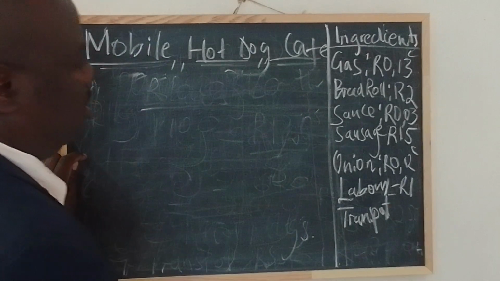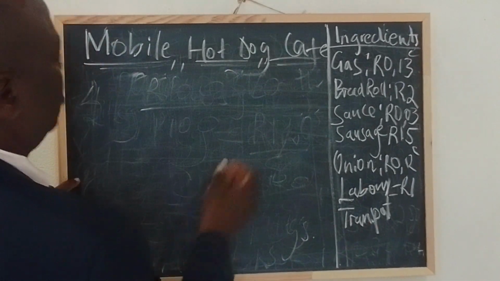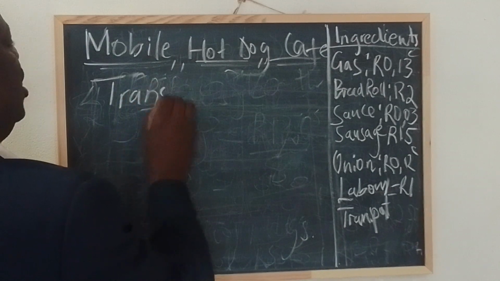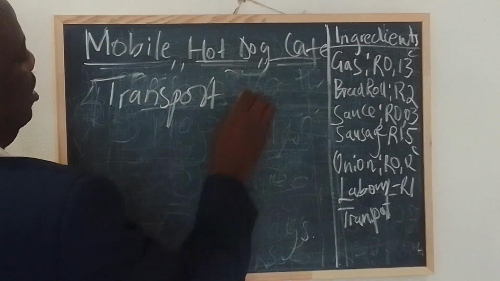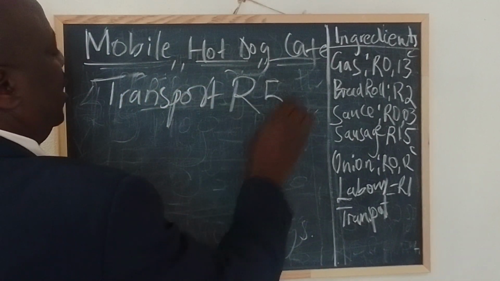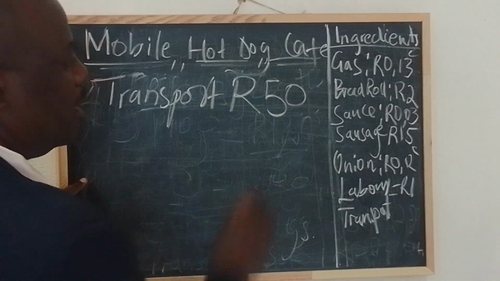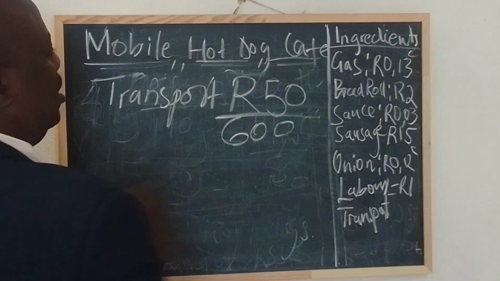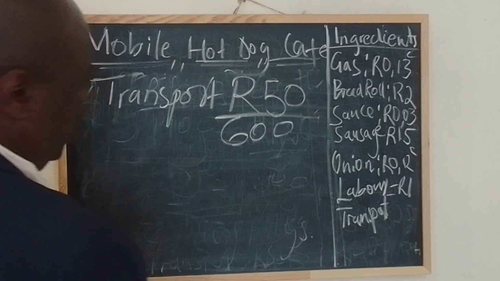Now let's go to transport. Suppose we are paying our transport to go and buy our stock. Suppose we are paying 50 rands per week. And how many hot dogs do we make per week? 600, because we are buying once a week.